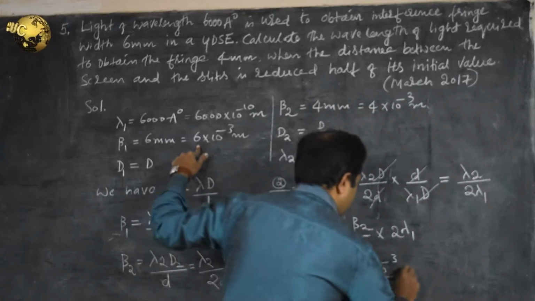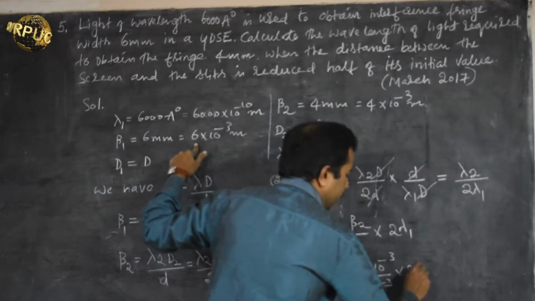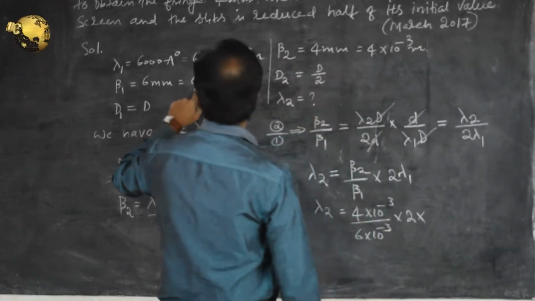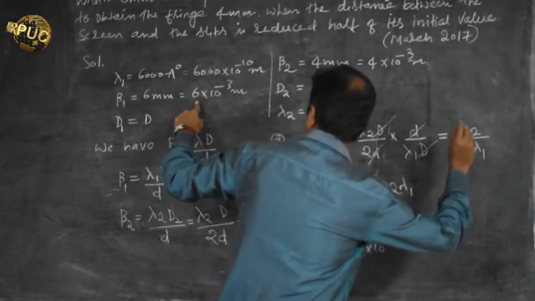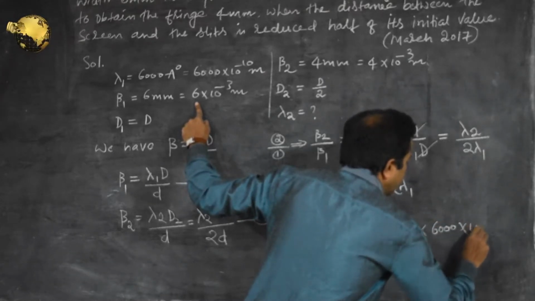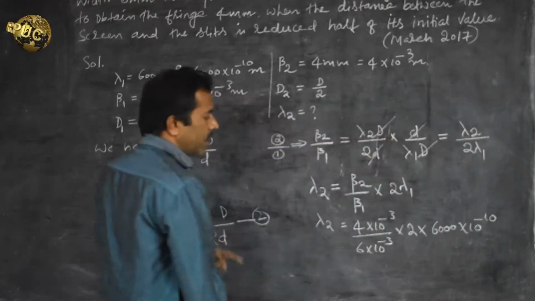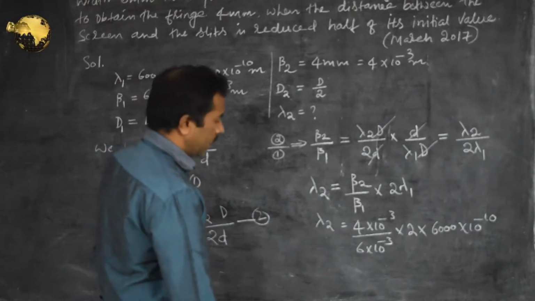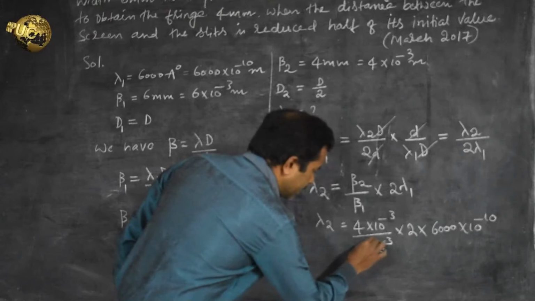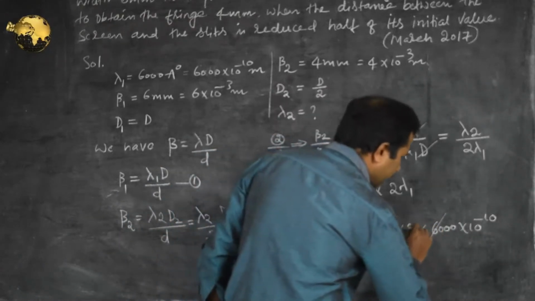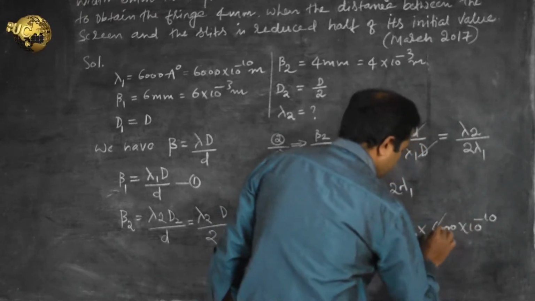It will be multiplied with 2, and again with the wavelength of the given light in the first case, 6000 angstrom, that is 6000 into 10 to the power minus 10 meter. Right. So here 6 and 6 get cancelled. It will become 1000.